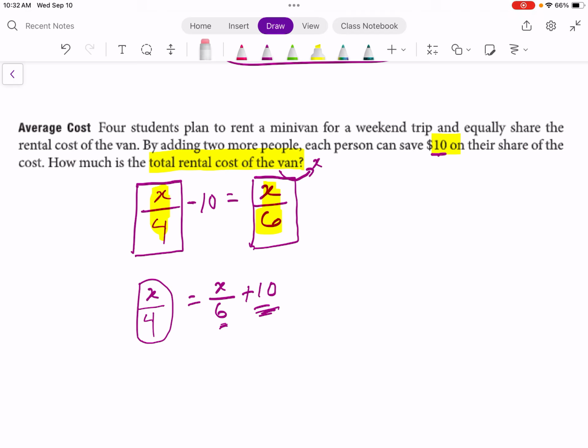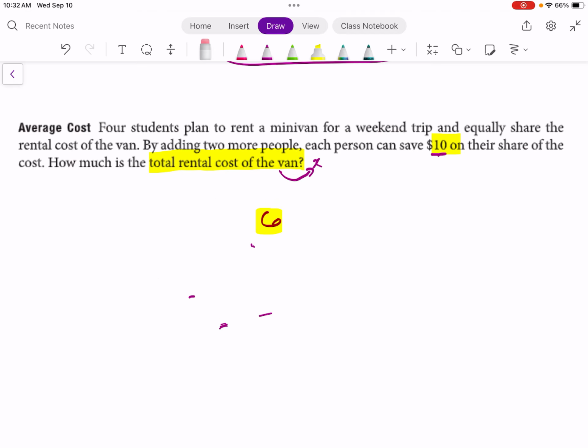Now our target is solving this equation and finding the value of x. You can take any equation, it is the same. So we have x divided by 4 equals x divided by 6 plus 10. Now this is not a rational equation, but we have a denominator, and the process of solving is exactly the same.